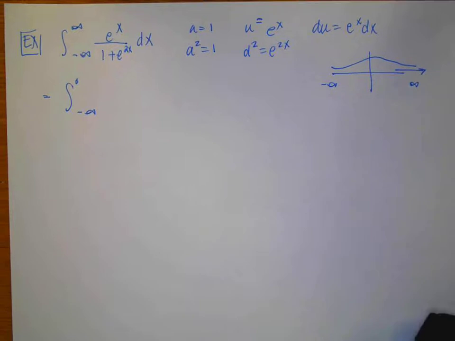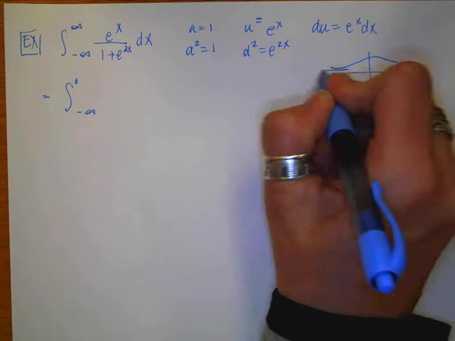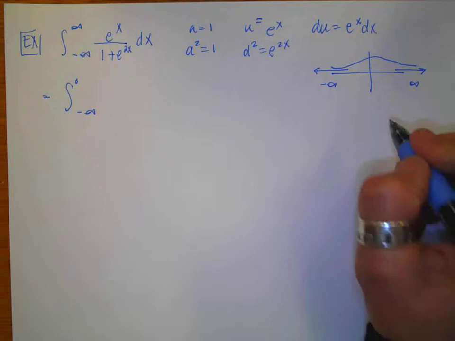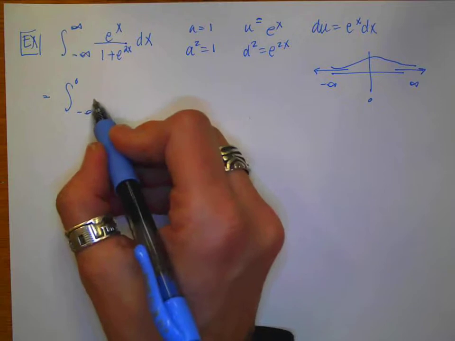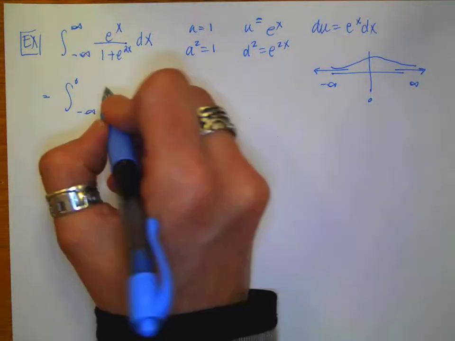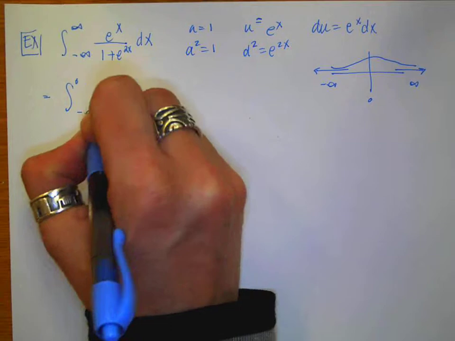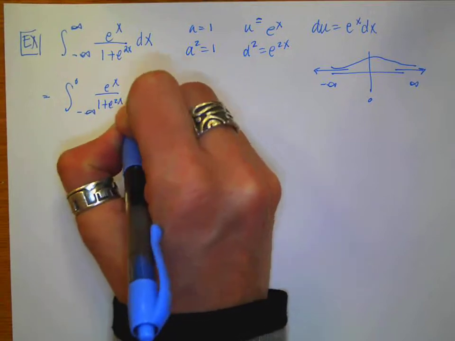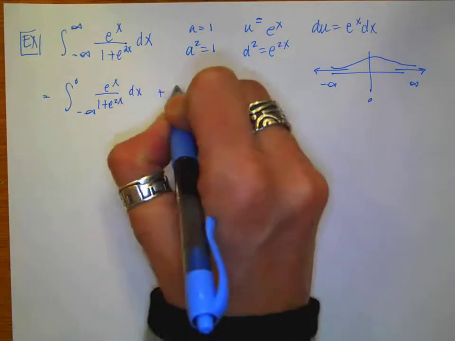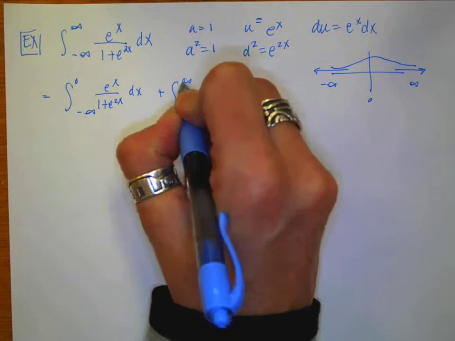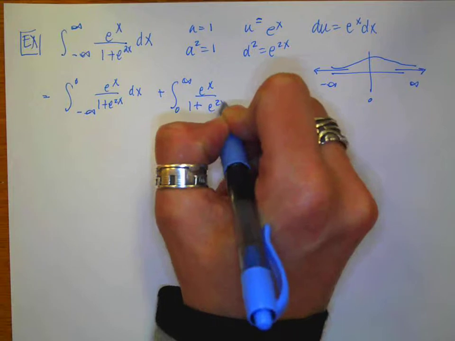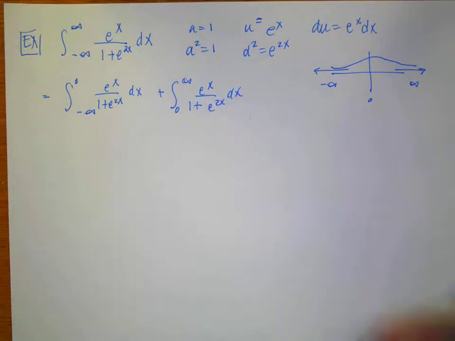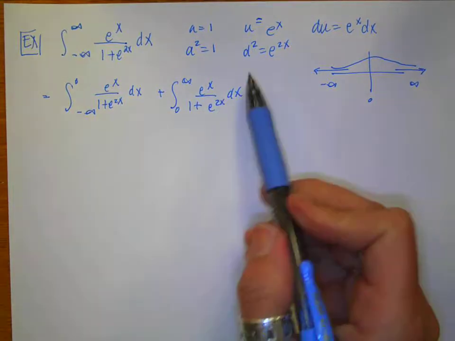So since I'm going from negative infinity to positive infinity, that area increases forever, and this area increases forever. So 0 is a convenient place to split it up. So now I have e to the x over 1 plus e to the 2x dx, and I'm going to split up 0 to infinity of e to the x over 1 plus e to the 2x dx.